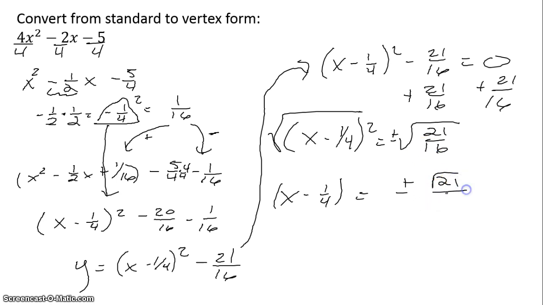Square root of 16 is 4. And then we just add our 1/4 over. So x equals 1/4 plus or minus square root of 21 over 4.